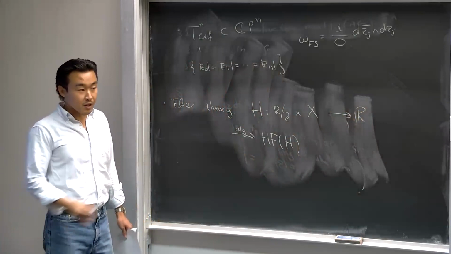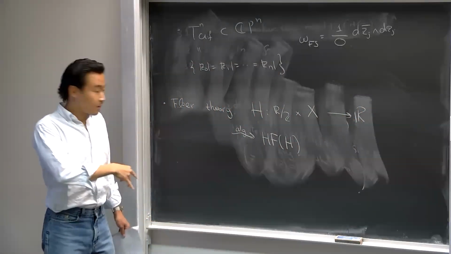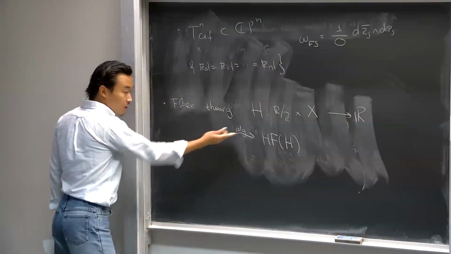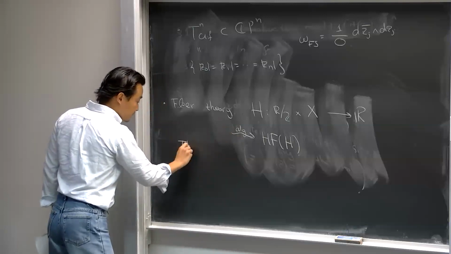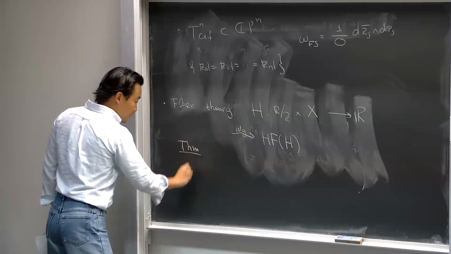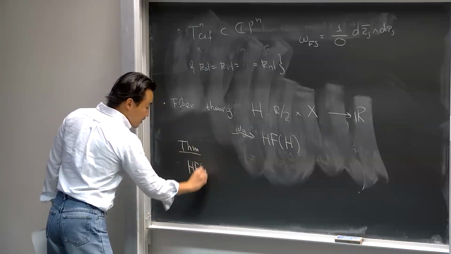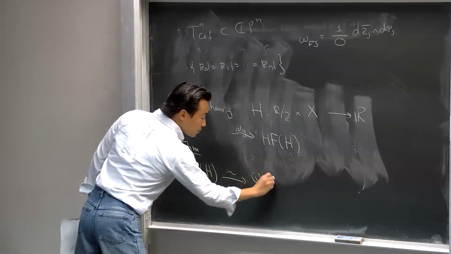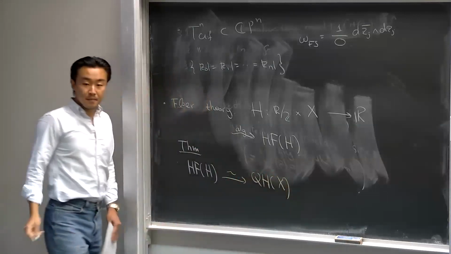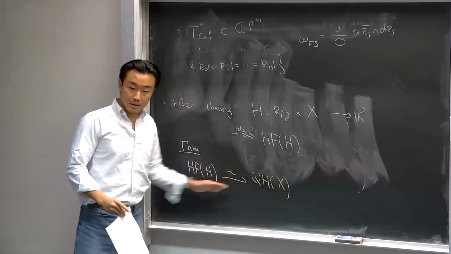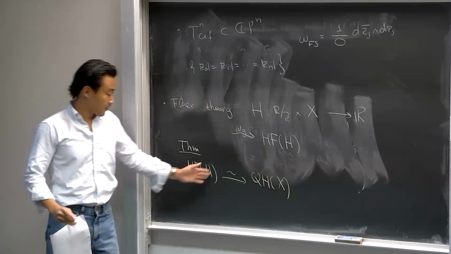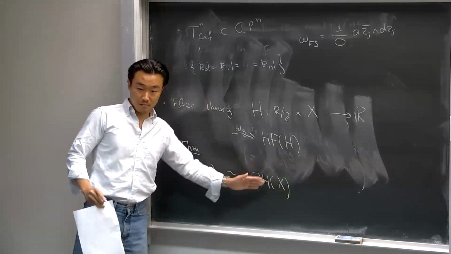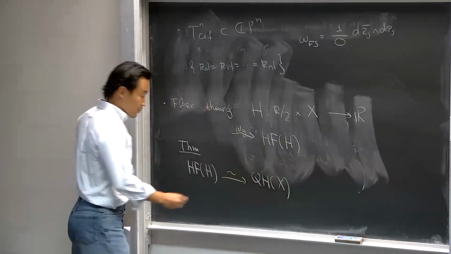And the relevance of this thing in my talk is that before even telling you what this is, this Floer homology is ring isomorphic to the quantum cohomology. So this Floer homology is really closely related to the quantum cohomology.